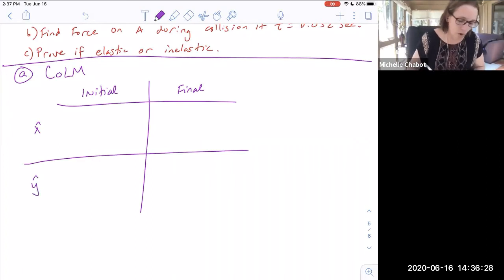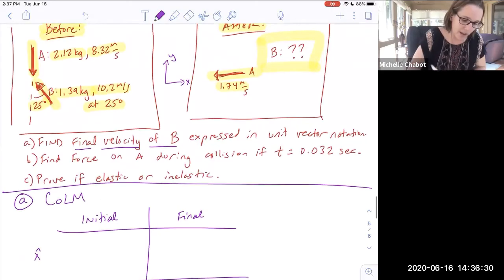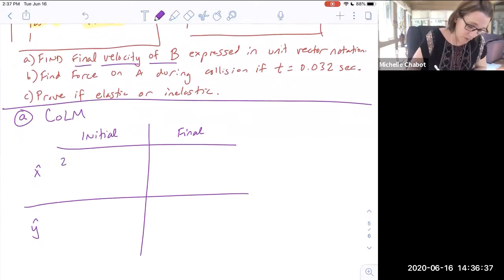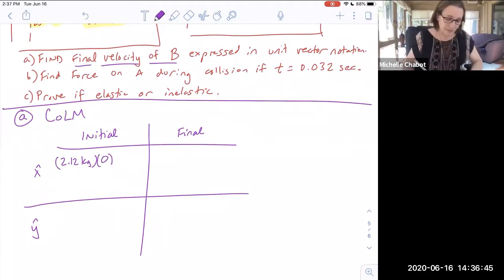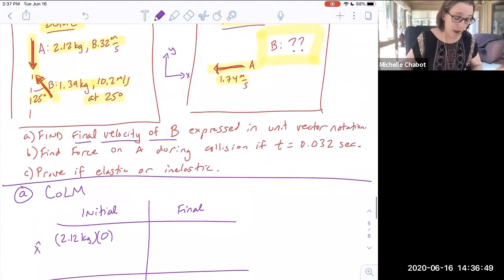So I'm going to have two objects here. My initial for A, in the X direction, it's initially headed downwards. So the mass would be 2.12 kilograms, but in the X direction, the initial velocity is 0 because it's initially headed in the negative Y direction.